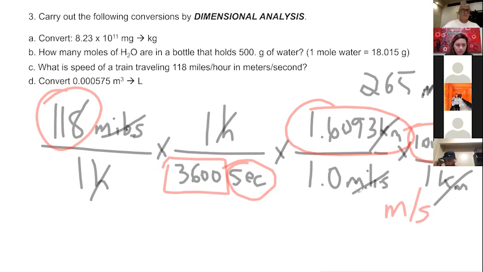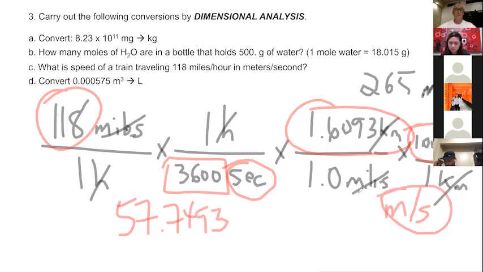So I got 57.7493, and the units are meters per second. So then the question is, 57.7, right? About 52.7492. I don't even trust my finger anymore.